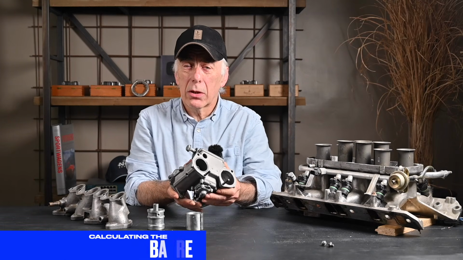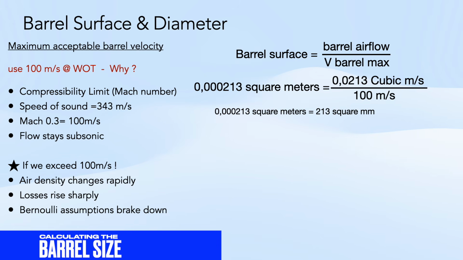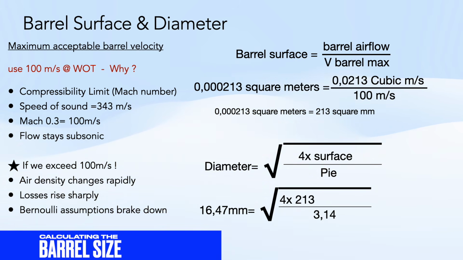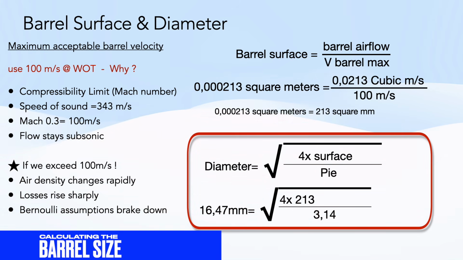So let's have a look at how that looks. We know now that we have 213 square millimeters. We multiply that by 4 divided by pi, and then we take the square root. You can see the calculation on the screen. It boils down to 16.47 millimeters of diameter for our barrel.